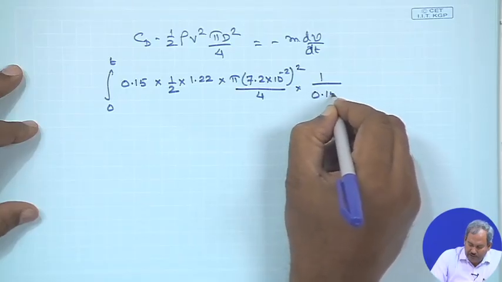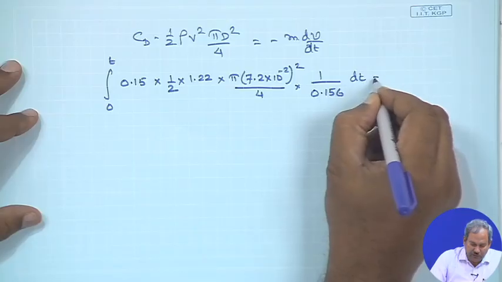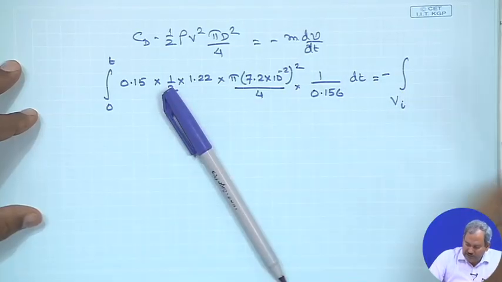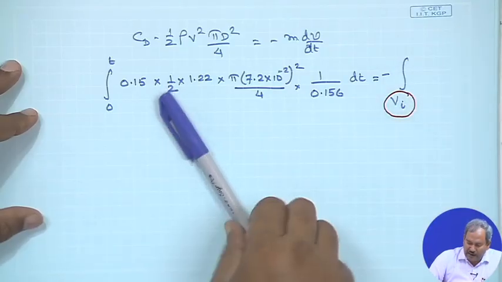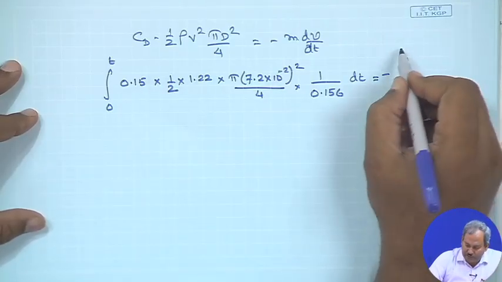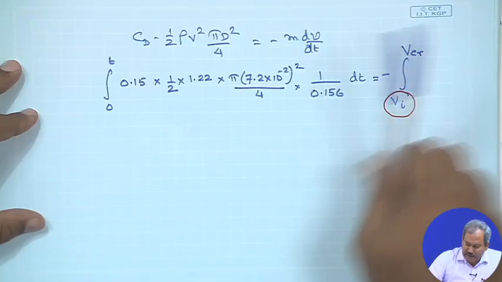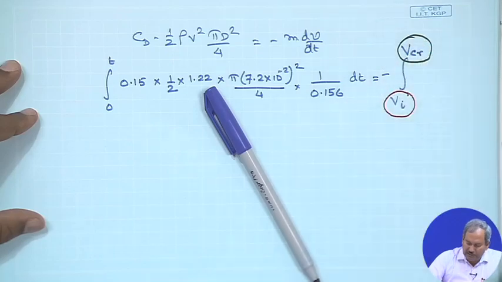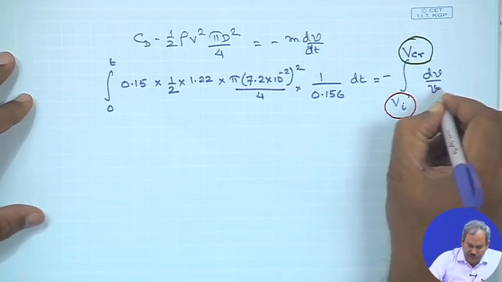So the m is 0.156 kg, dt would equal minus dv from v initial. This is the velocity at which the ball has left the hand of the bowler, and it's going to bring it down to v critical, and by v critical we know that this is the upper limit of the swing ball, divided by v square.